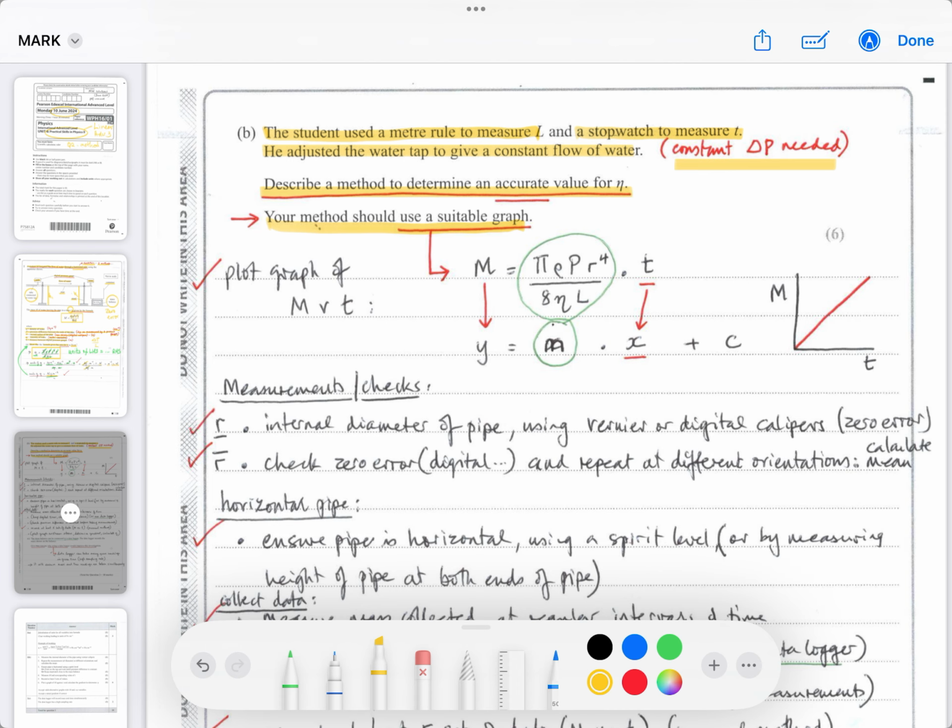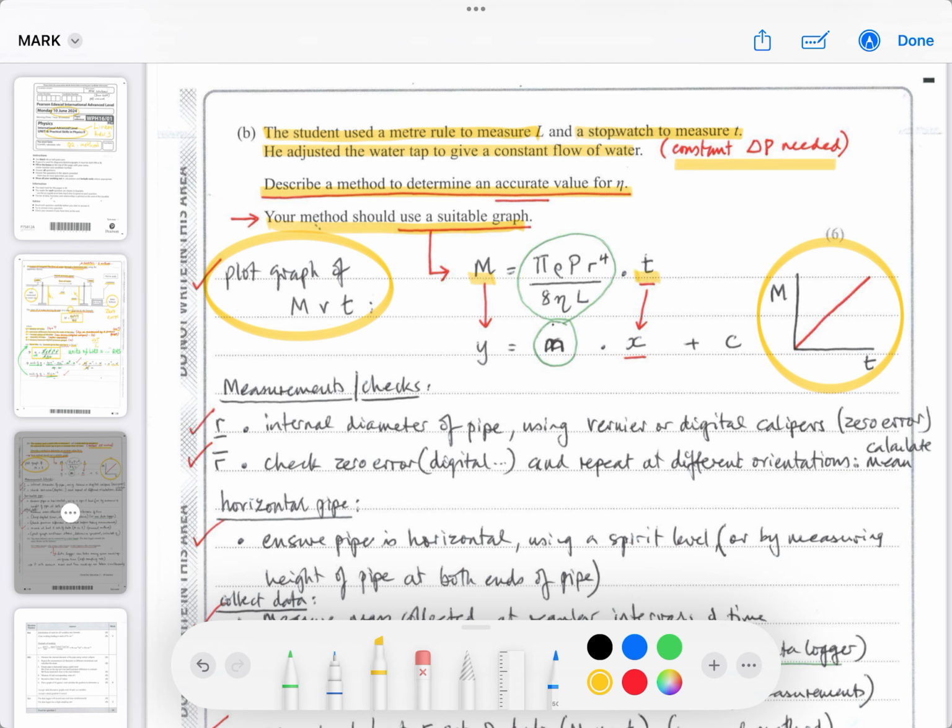So I'm going straight to the graph and I'm saying from the equation we were given, we want to plot a graph of m on the y-axis and t on the x-axis so we can get a straight line graph, because neither m nor t have a power.